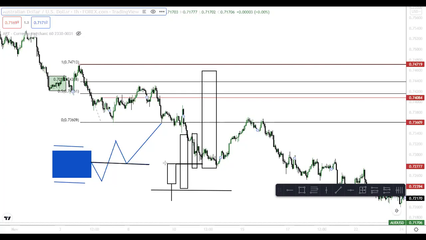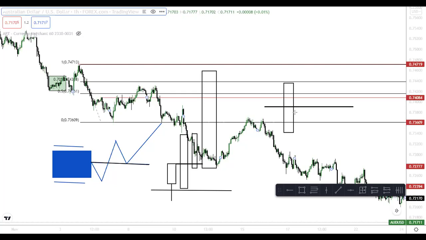What's not going to be ideal sometimes is that the price level we expect to be sensitive is right there, then price comes down and closes below it. If price closes below the price level you're anticipating to be sensitive, you have to allow yourself to get more data.